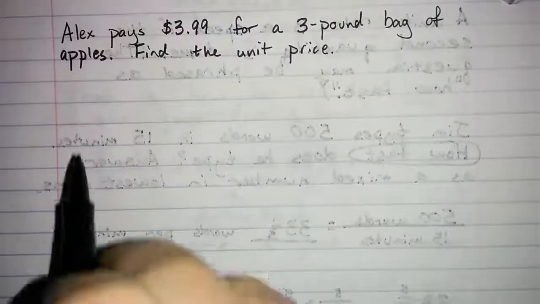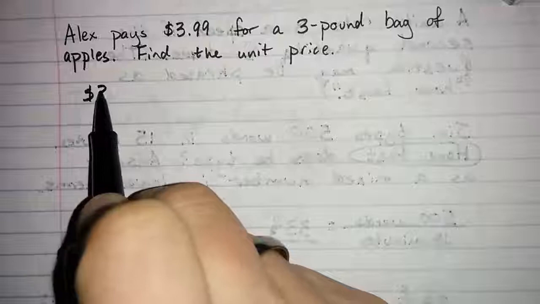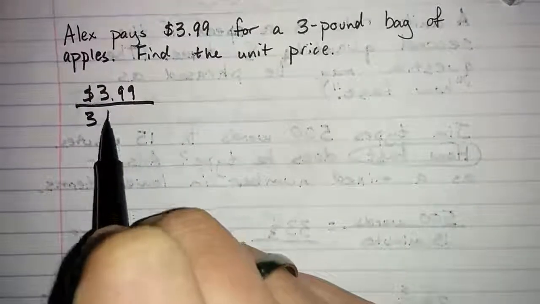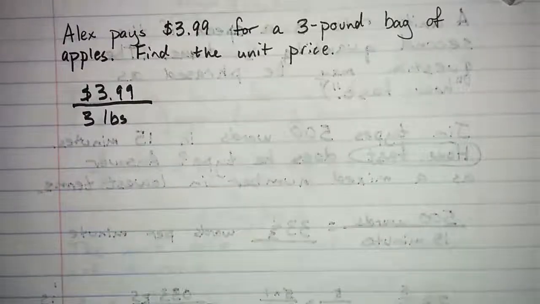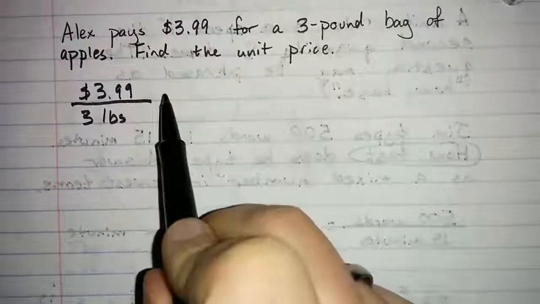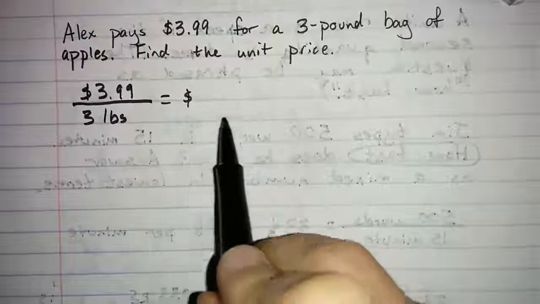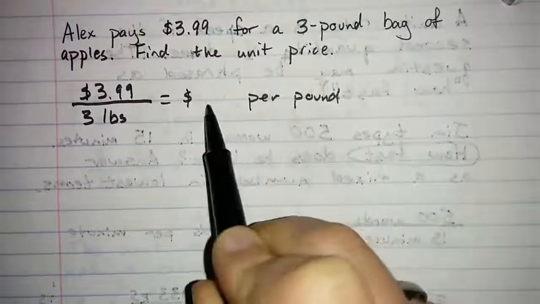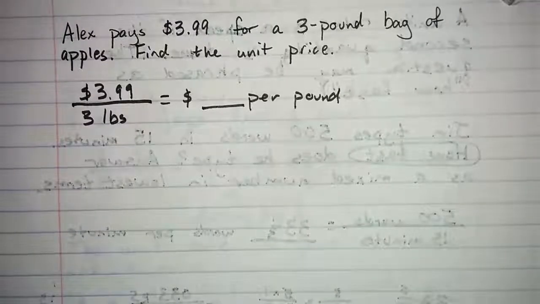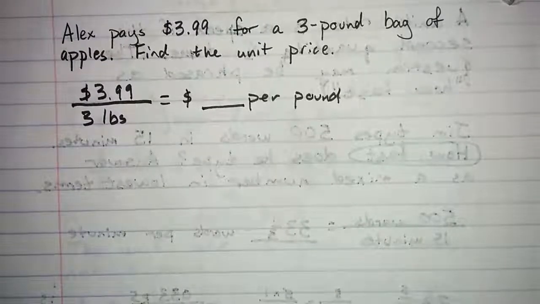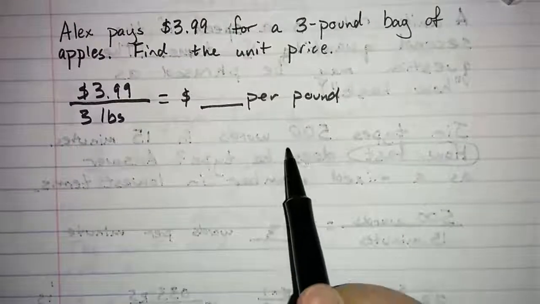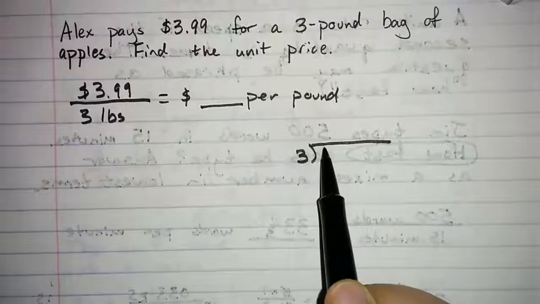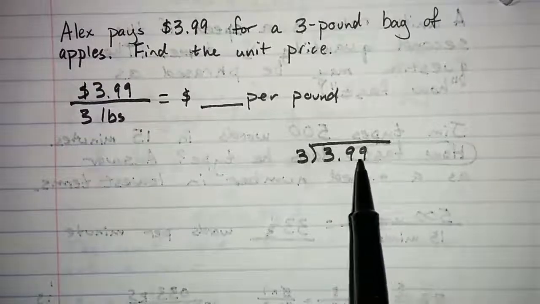Okay, so our answer is going to be $3.99 over 3 pounds. Pounds is LBS. It's going to be some number of dollars per pound. And to find out how many, we need to do division. So 3 goes into 3.99.